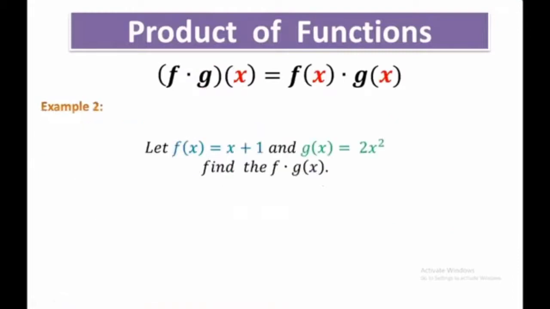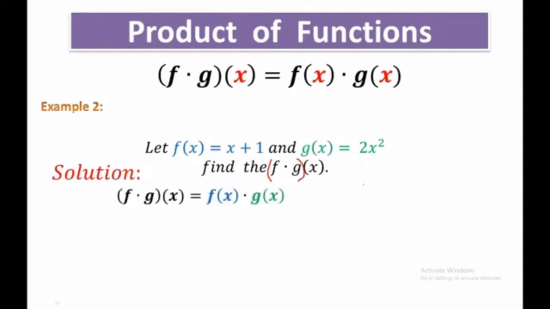Okay, let's proceed to another example. Let f of x be equivalent to x plus 1 and g of x be equivalent to 2x squared. So let's find the product of the f and g function of x. So let's put a parenthesis right here. Okay, so solution, f times g of x is equivalent to f of x times g of x.